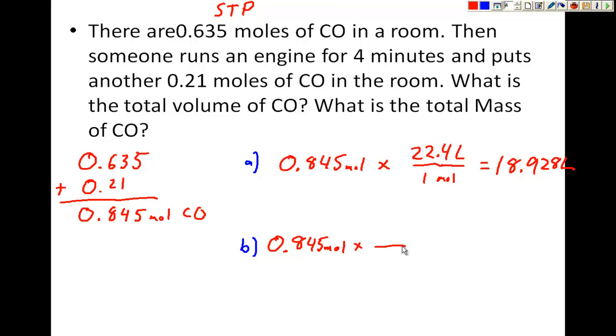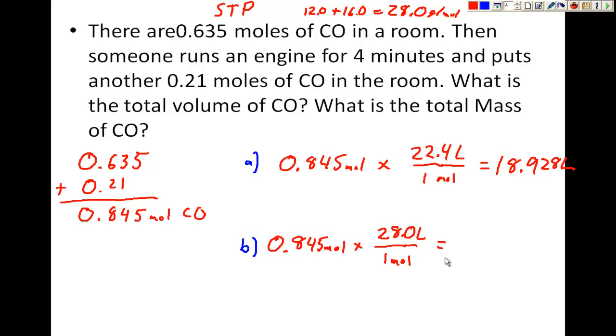So we want moles to go away. 1 mole is equal to, we figured out the molar mass from our last question. Okay, carbon has an atomic mass of 12.0, and oxygen is 16.0. If we add those up, that's how we got 28.0 grams per mole right here.